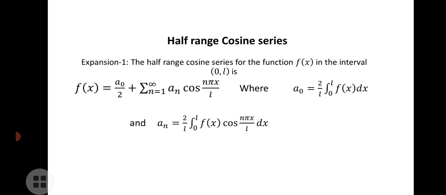In this even half range cosine series, the Fourier series does not contain the b n values, so that b n is equal to 0.